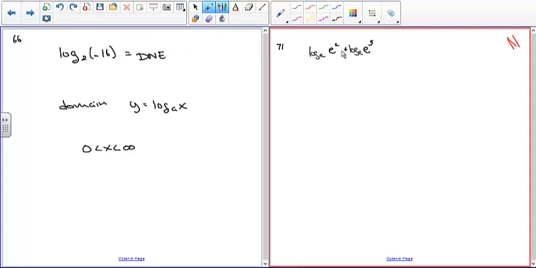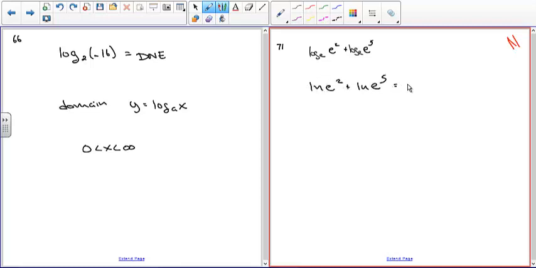Okay, so this one we have log base e of e squared, which is the same as the natural log, so you could also see this problem written as the natural log of e to the 5th. Again, we can apply the properties of logarithms to each one separately.